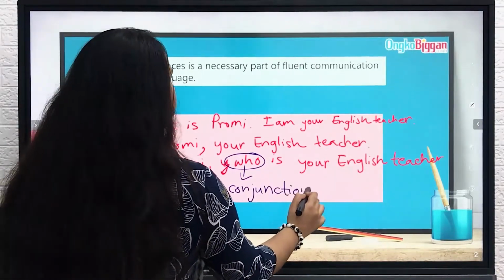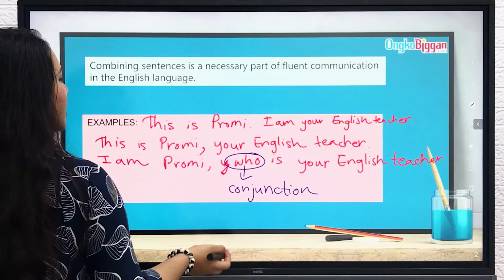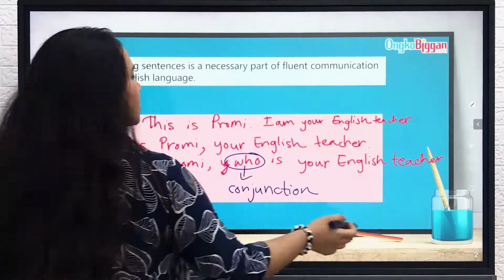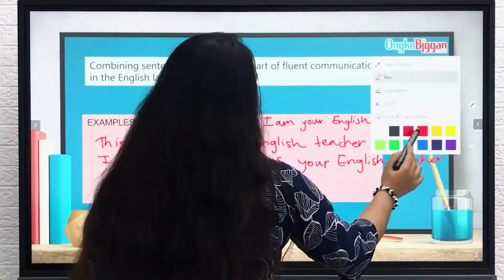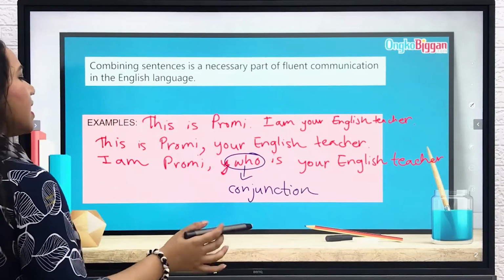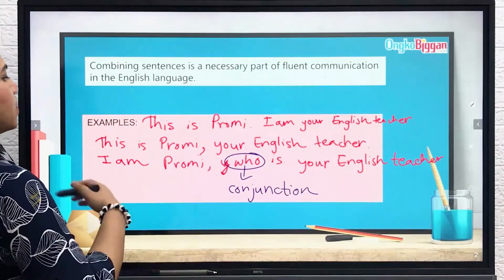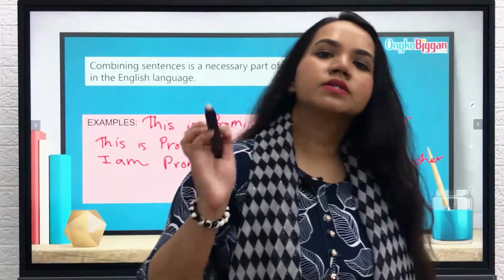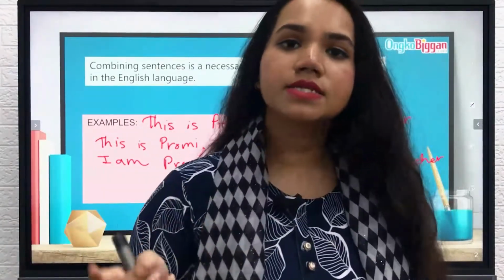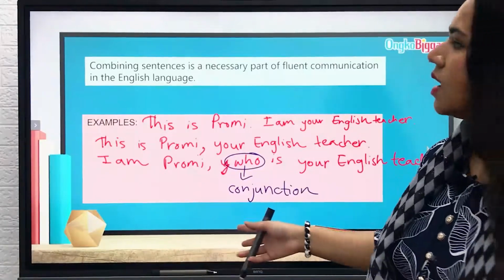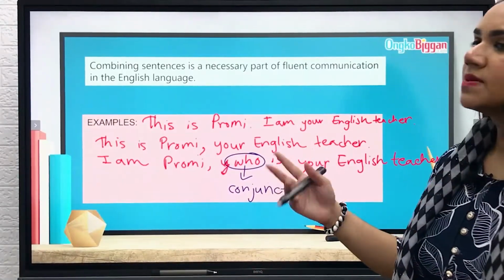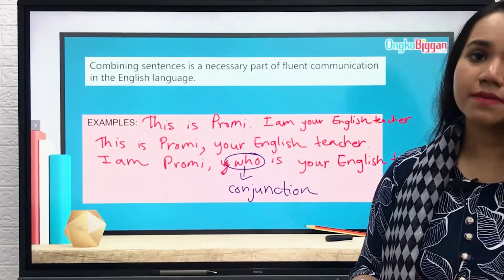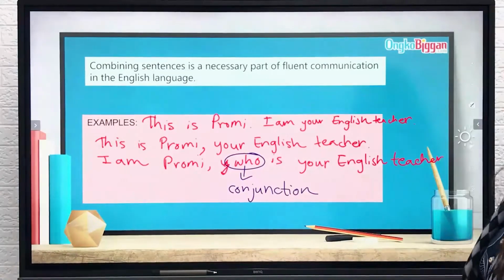So inside a sentence, if I use another particular word like this, I will be converting this entire writing into one total sentence. Once again, we know that there are three types of sentences: simple, complex, and compound, right? So this is how I have used two simple sentences and combined them in order to make a compound sentence.